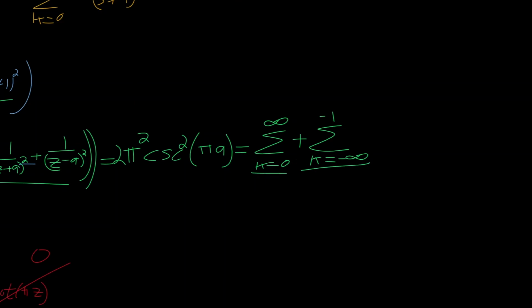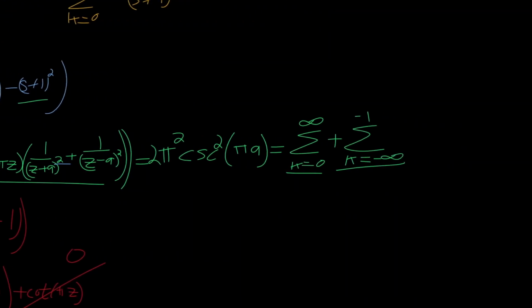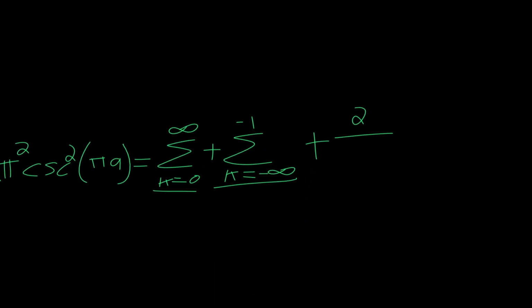So actually plugging in 0 into this whole thing right here, we see that we have a 1 over s plus 1 squared, and the same thing. So really we have both a plus and a minus, so really it's 2 times s plus 1 all squared.